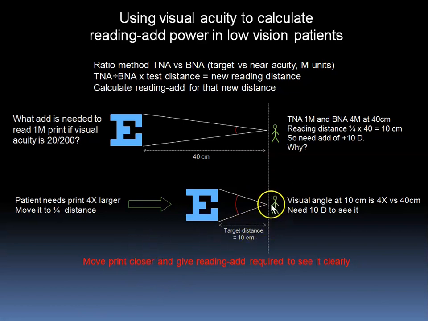Therefore, the patient would require an additional 10 diopters in order to see it clearly. The reading add would be 10 diopters to read at 10 centimeters. The summary is that we move the print closer and give the reading add required to see it clearly. By moving the print closer, we increase the angular size of the print.